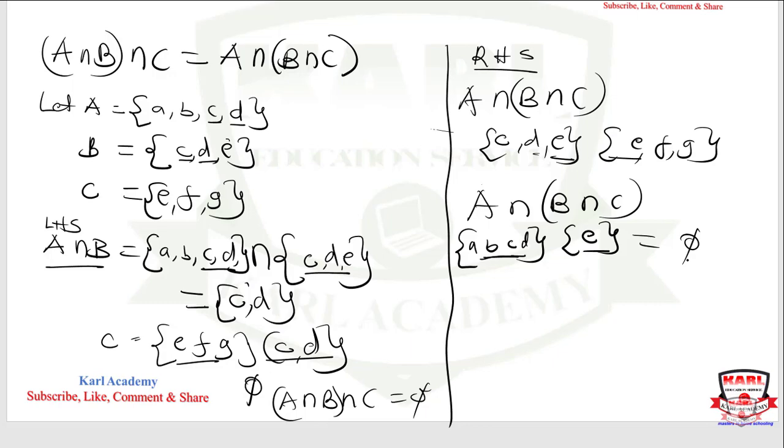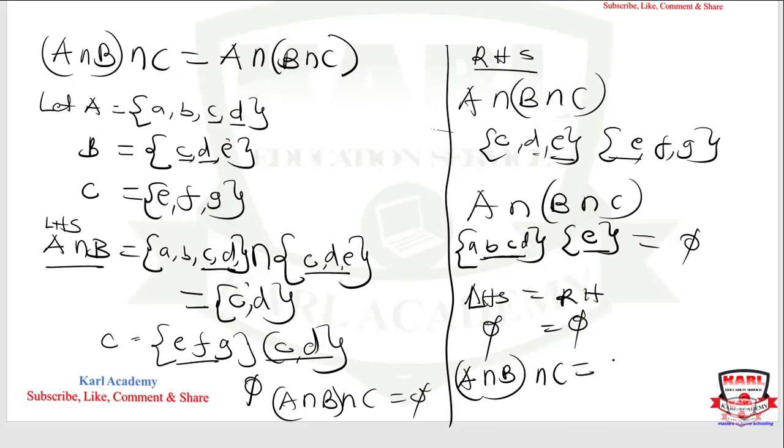That is where they are meeting. The left hand side equals the right hand side, the null set equals the null set. And that now proves that A intersection B and C is the same as A intersection B and C, and we have proved that one.